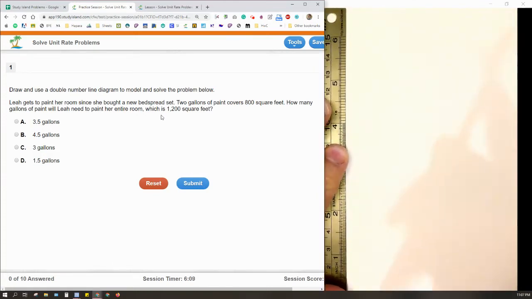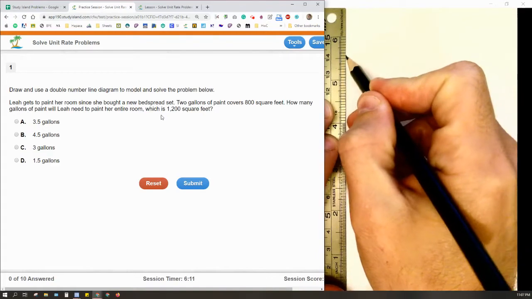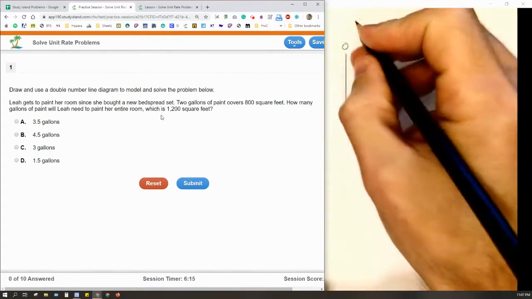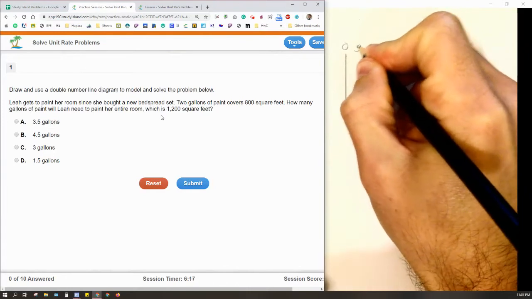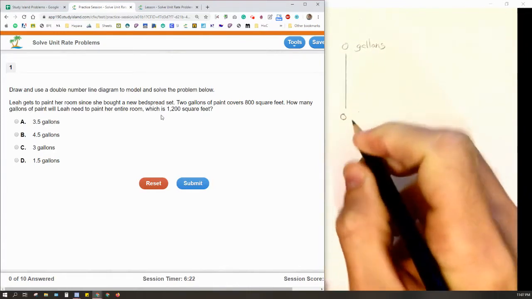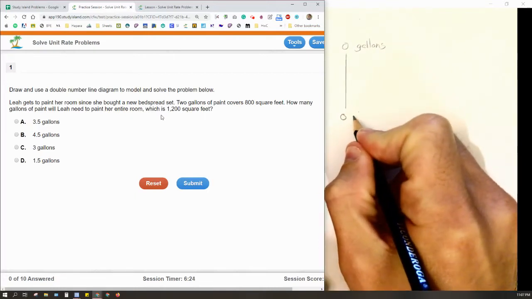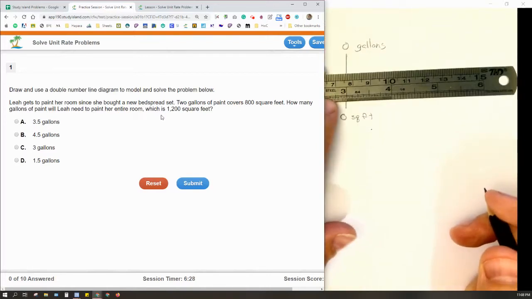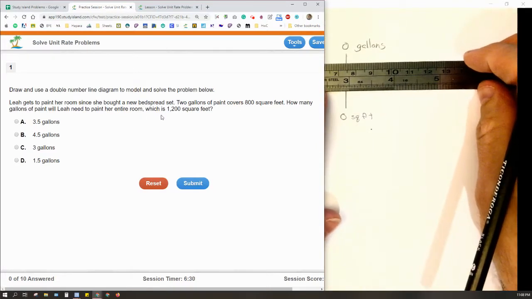I'll draw a starting point here, so that we have 0, and I'll use the top to be, let's say, gallons of paint, so 0 gallons. And the bottom also starts off at 0, and that is 0 square feet. And I will draw my 2 lines. First one.